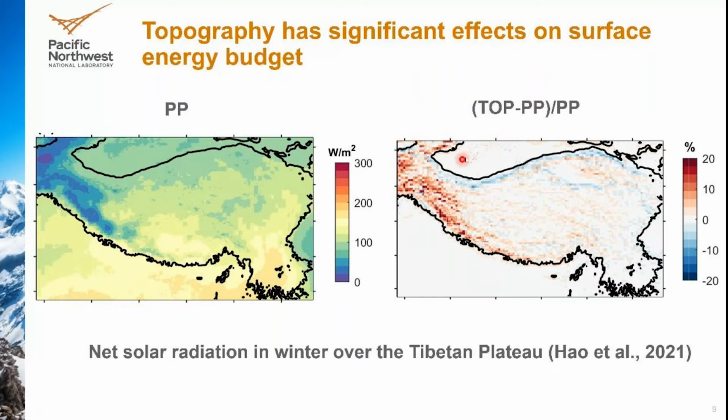We can see in the west region there are positive differences that can be larger than 20%. This means in most of the Tibetan Plateau region, TOP can increase net solar radiation, but in some northern parts of the Tibetan Plateau, TOP can also decrease net solar radiation.